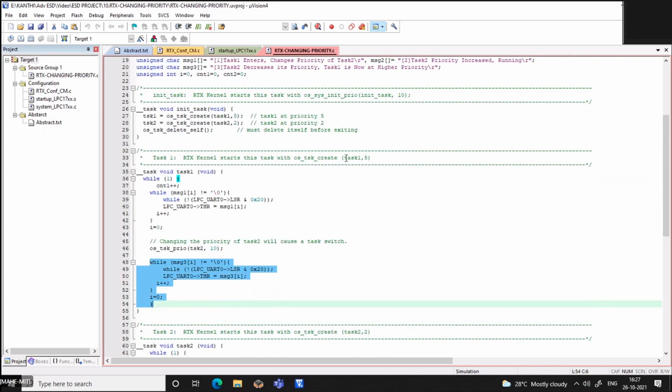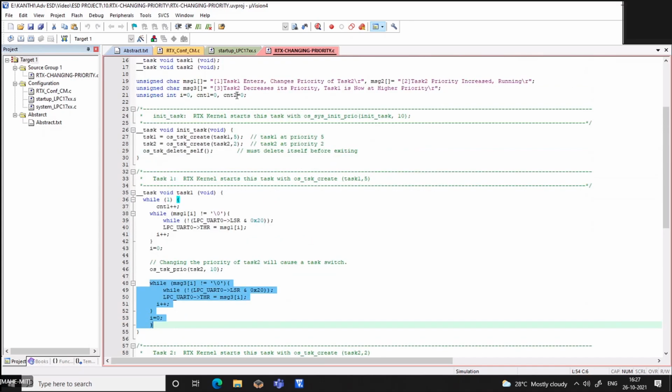So what is message 3? Message 3 is: task 2 decreases its priority. Task 1 is now at higher priority. So this is my message 3. Okay, so we are task switching from 2 to 1 back.